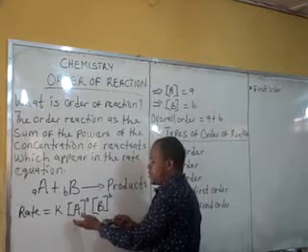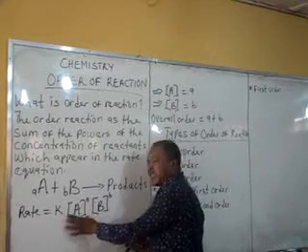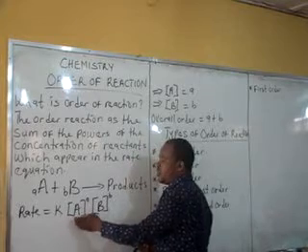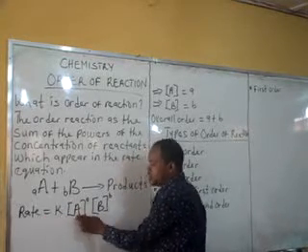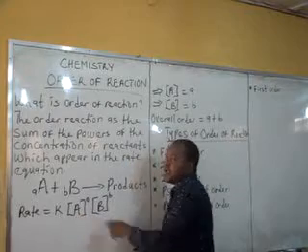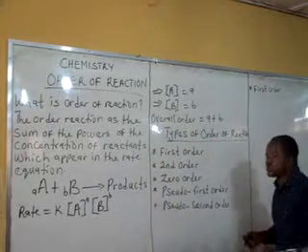From this example, if I pick A, then when the rate of this reaction depends on the concentration of A, I have my first order.